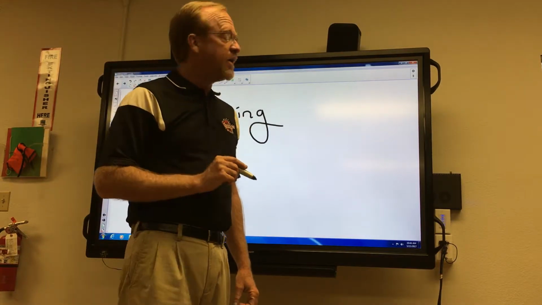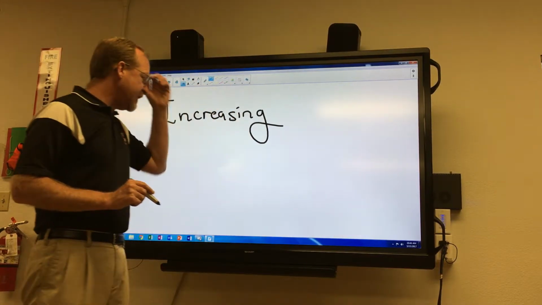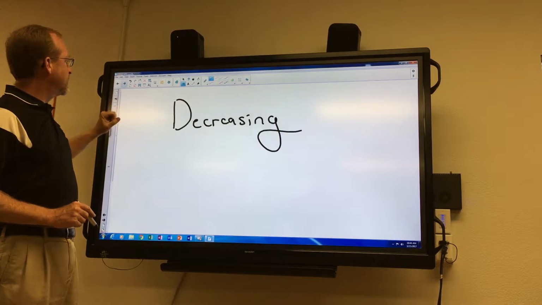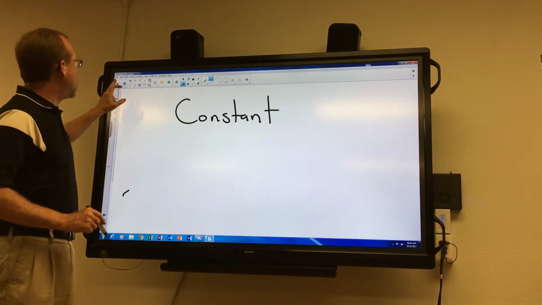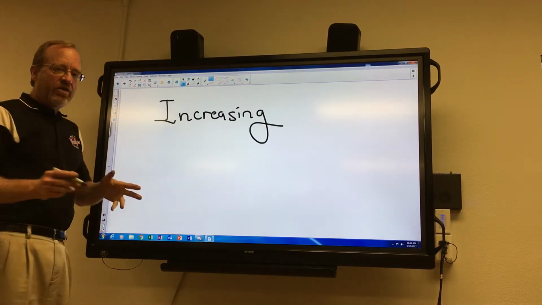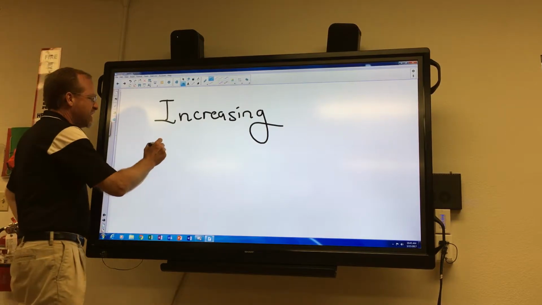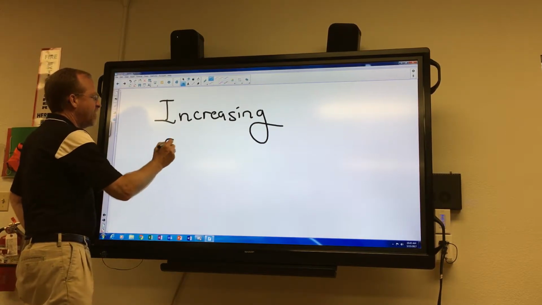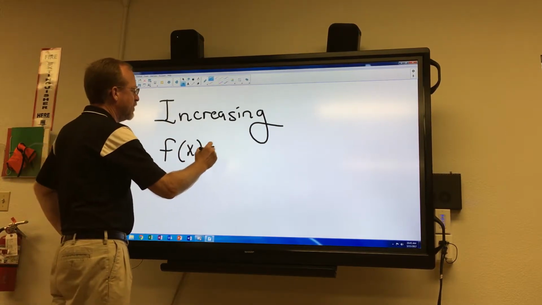Now, on page 139, they start talking about different types of functions: increasing, decreasing, and constant. Increasing functions are exactly what they sound like. Let's say I had f of x equals 2x.